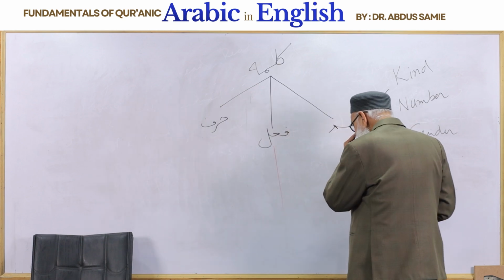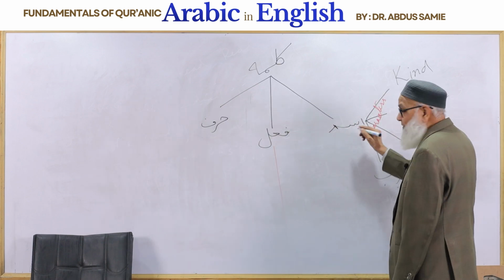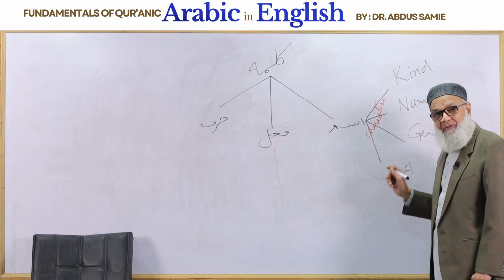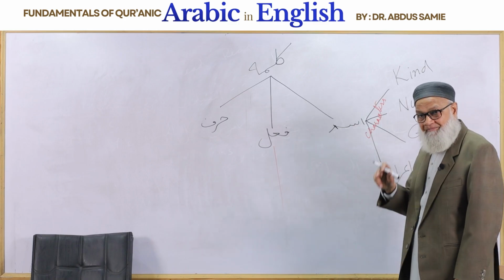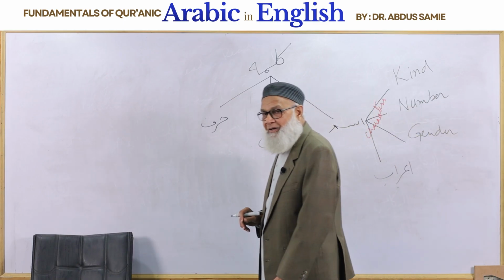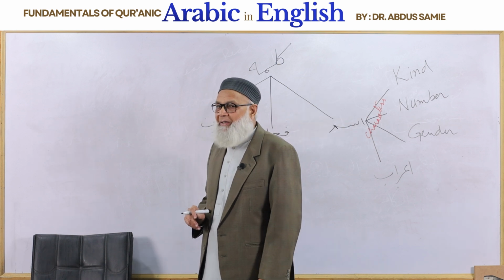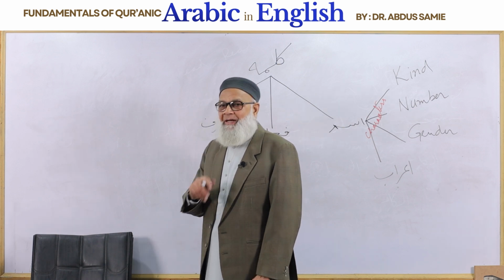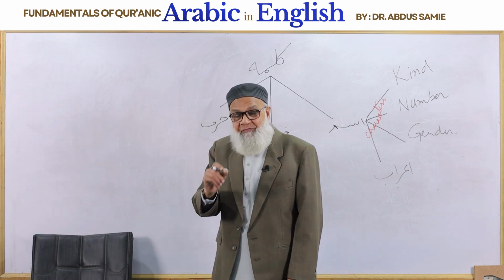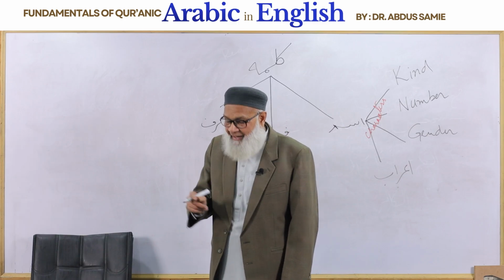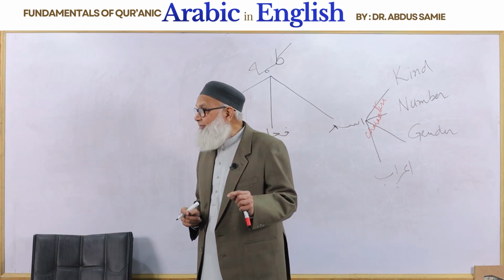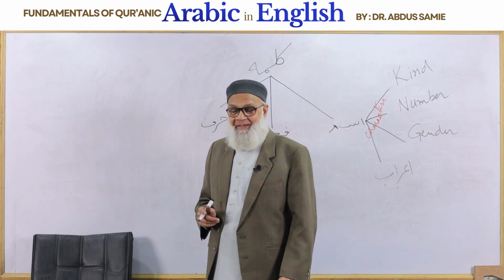Now, we are focusing on ism. Ism has four characters simultaneously. From the questions I understand that you are confusing number with gender. At one and the same time, an ism must have all the four characters.